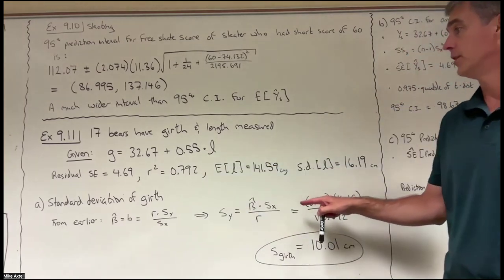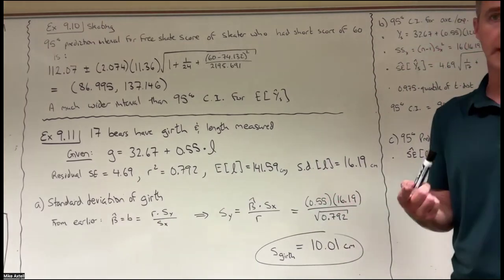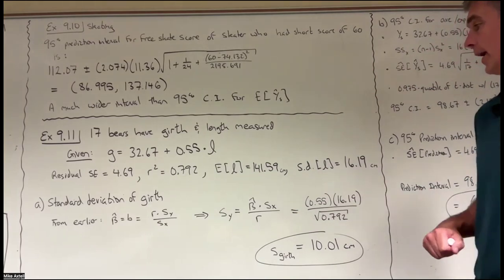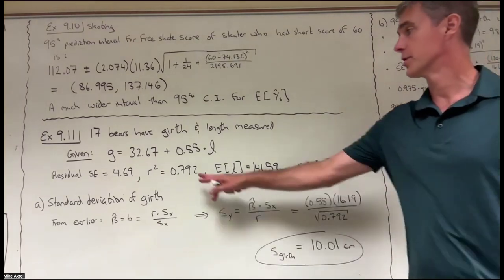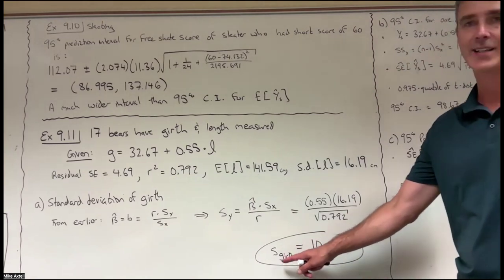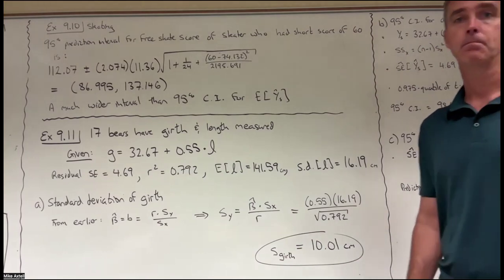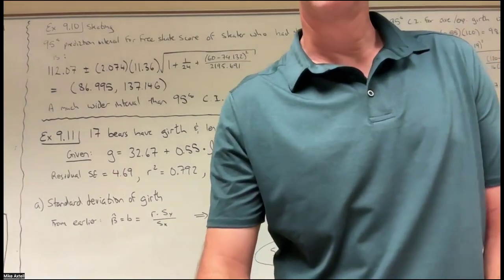I've been told the standard deviation of X, which X is my length, by the way. So that's the 16.19. And the R value is just the square root of 0.792. So I get the standard deviation of girth, S sub Y, is equal to 10.01 centimeters. Okay, cool. One more panel for the rest of this example.